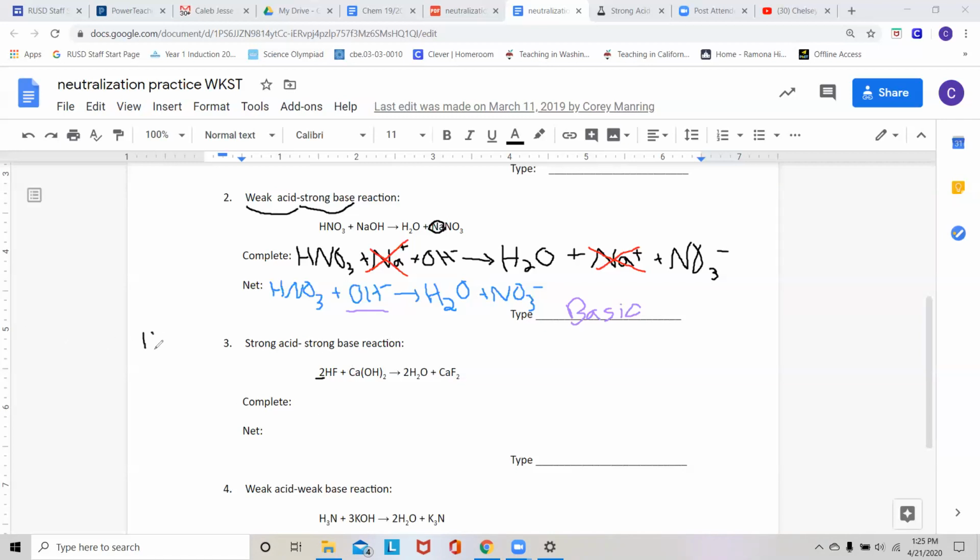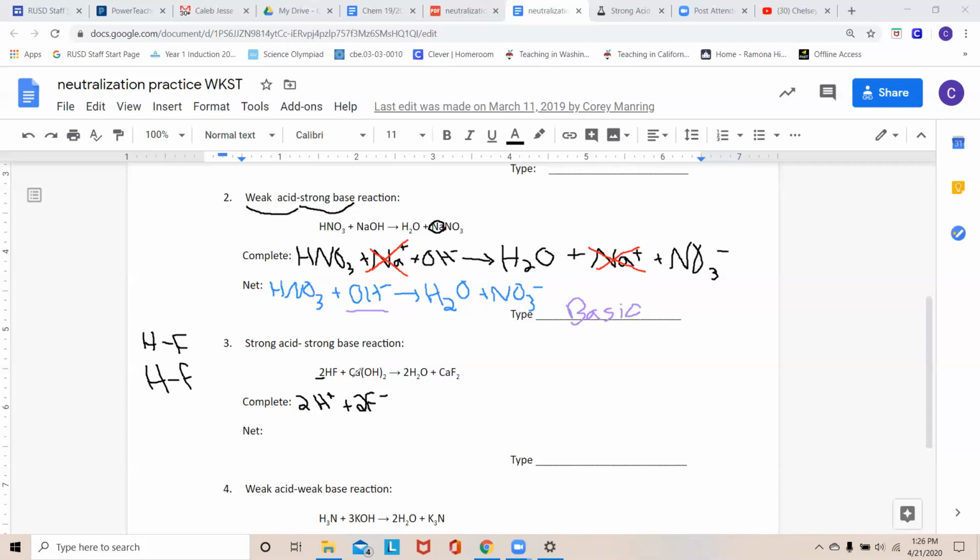So to give you a visual on the side, we have this going on. So since we have 2 of these molecules, overall, when that splits into its ionic character, we're going to have 2 H pluses and 2 F minuses. So you have to make sure to translate that coefficient down to your complete ionic. So we're going to end up with 2 H plus and 2 F minus.